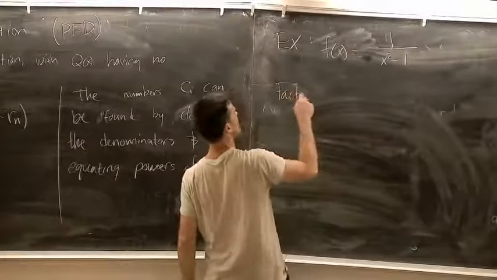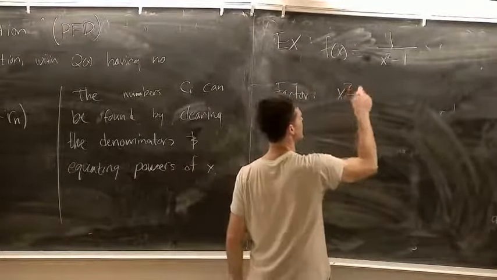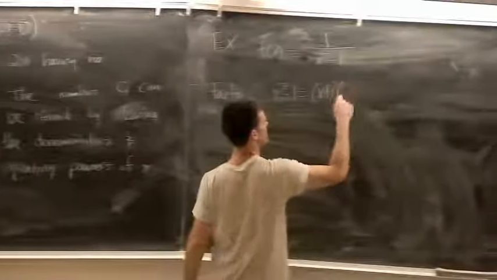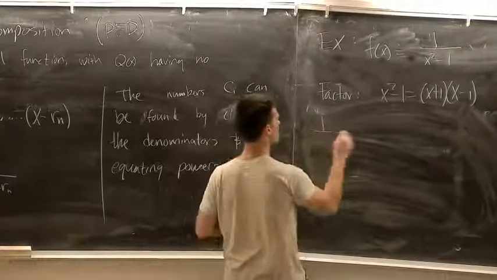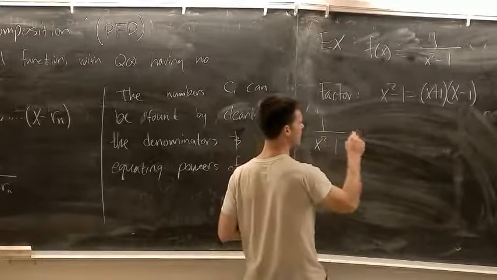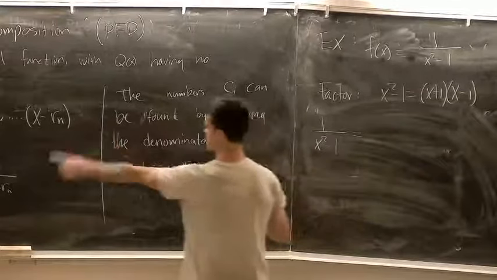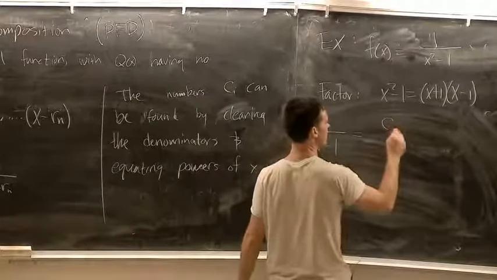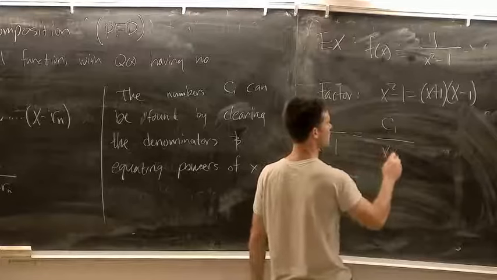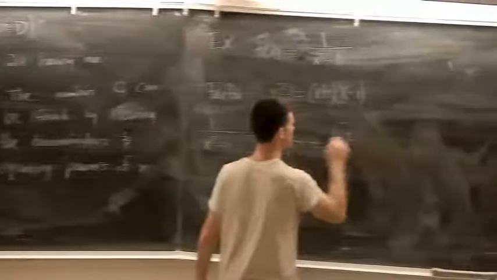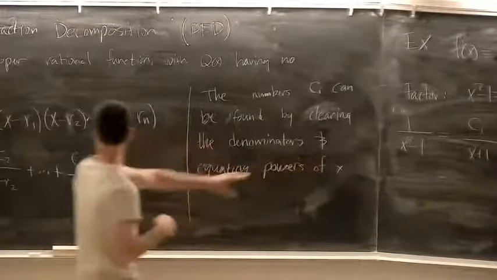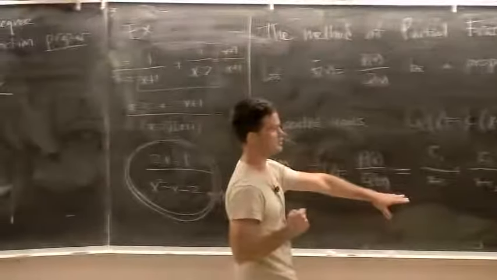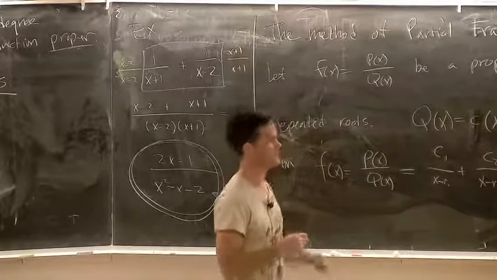So that's the first job, is factor the denominator. x squared minus 1 is x plus 1 times x minus 1. So 1 over x squared minus 1, according to what I told you here, can be written as some number over x plus 1 and some other number over x minus 1, right? So what I'm saying here is the same thing that I was saying right here in the context of this example.